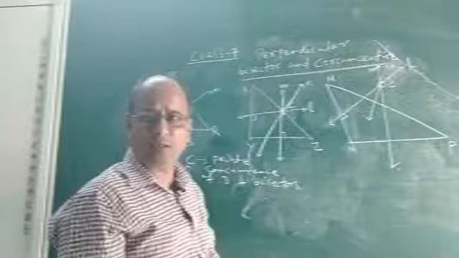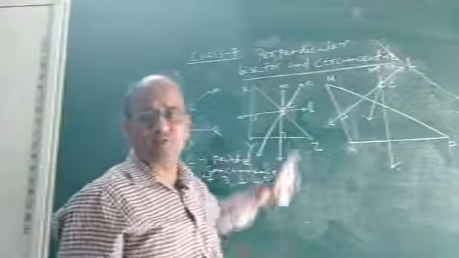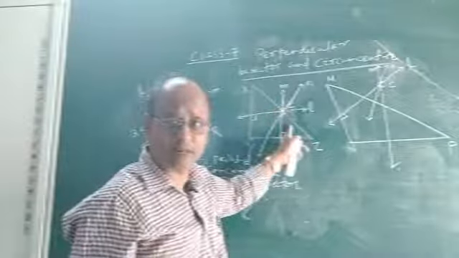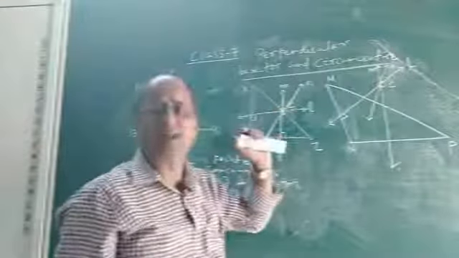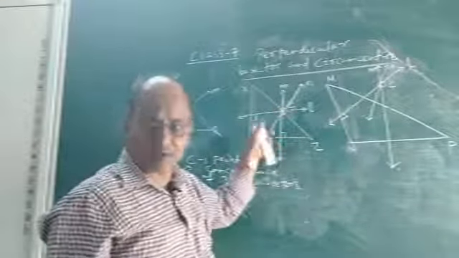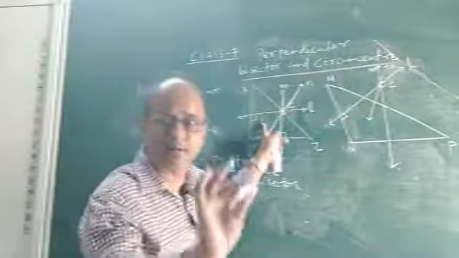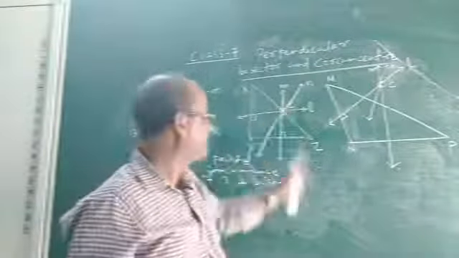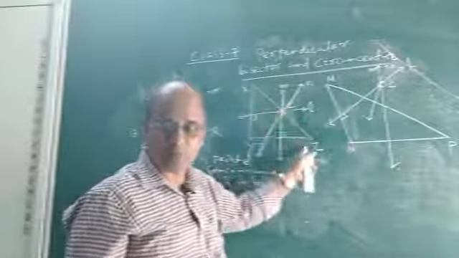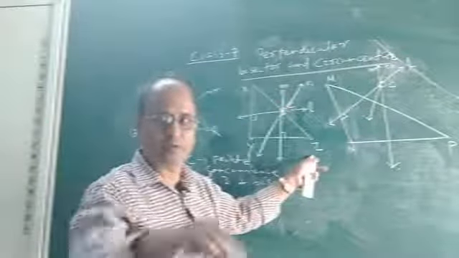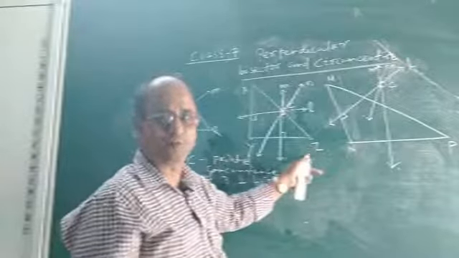So now if I ask you, where is the position of the circumcenter in case of a right triangle? Does it lie interior, inside the right triangle? The answer is clearly no. So where does it lie? It lies on the hypotenuse. You know, this is hypotenuse. Already we have discussed in Pythagoras theorem. It is the longest side.